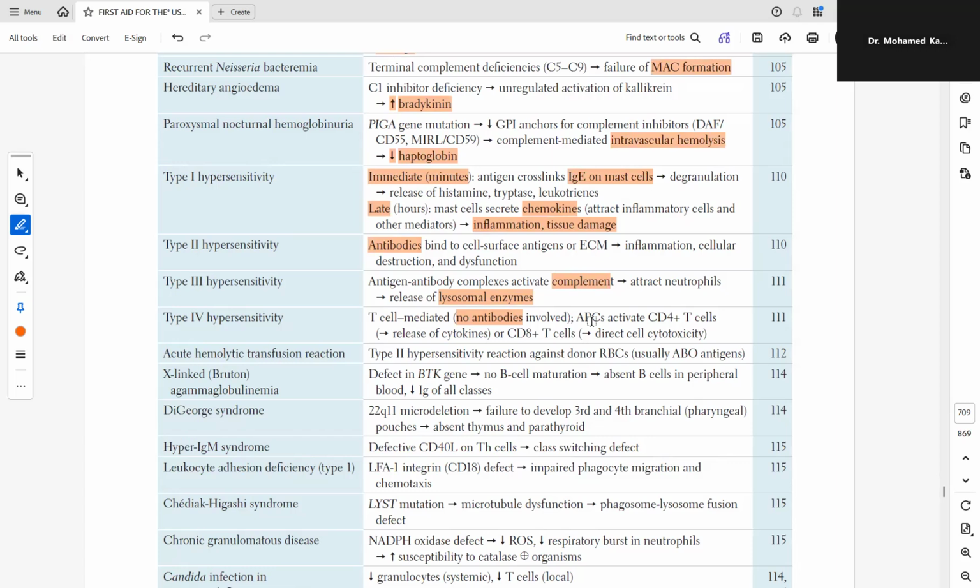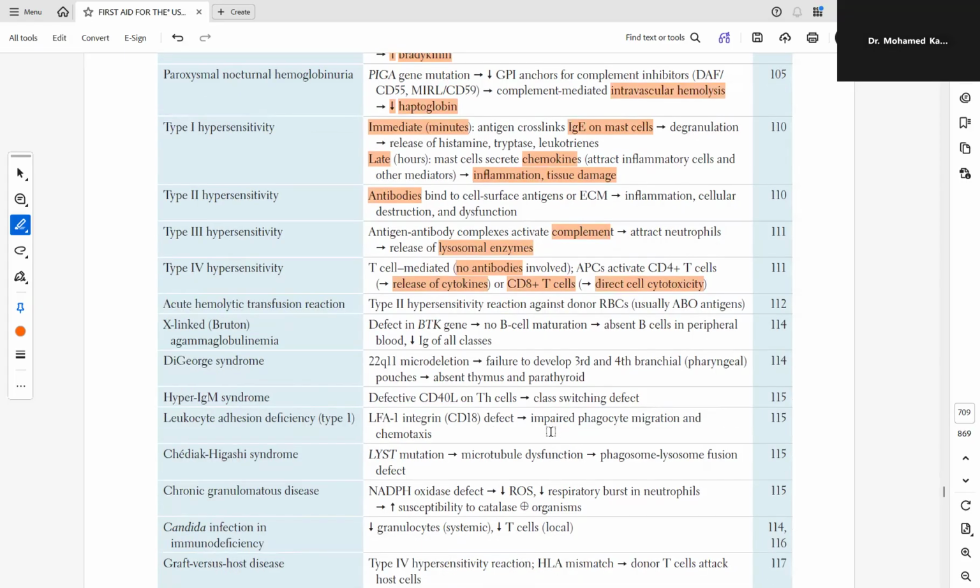Antigen presenting cells activate CD4 positive T cells, with release of cytokines, or CD8 positive T cells, with direct cell cytotoxicity. Acute hemolytic transfusion reaction: somebody, in an emergency or any situation, needs to receive blood. Then an acute hemolytic transfusion reaction happens.